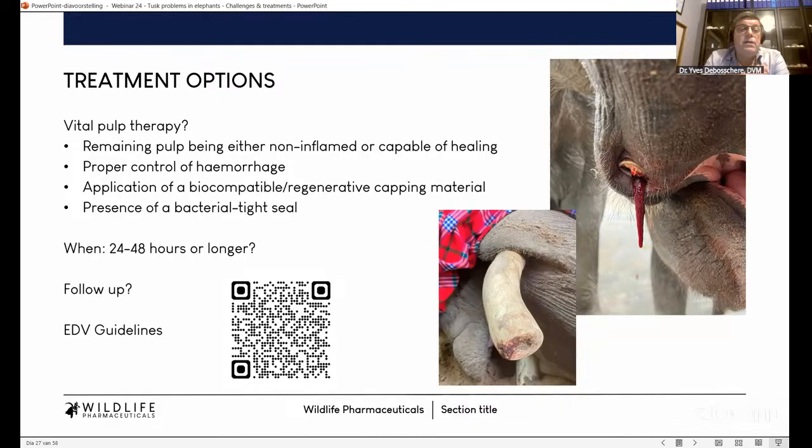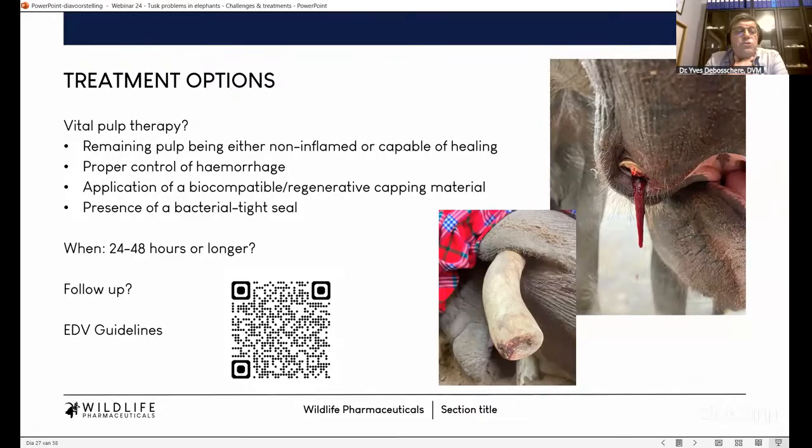But it needs to be biocompatible and needs to have regenerative capacity, because we need the odontoblasts to be stimulated to form a dentine bridge, so that there is a plug coming in, so that the infection is not going up again. And then after that, we have to put a bacterial tight seal. That can be a Teflon screw that we put composite on top. It can be composite on top. It can be calcium hydroxide on top, and then composite, whatever is possible.